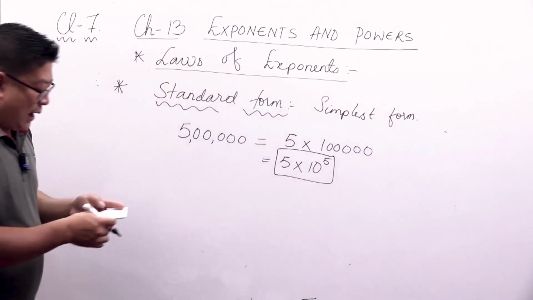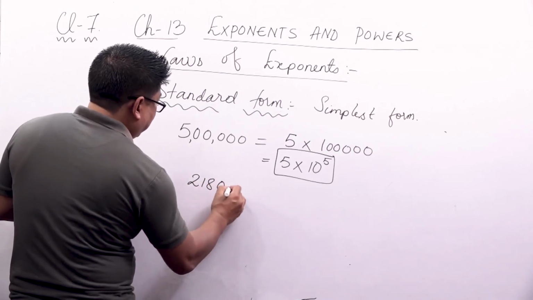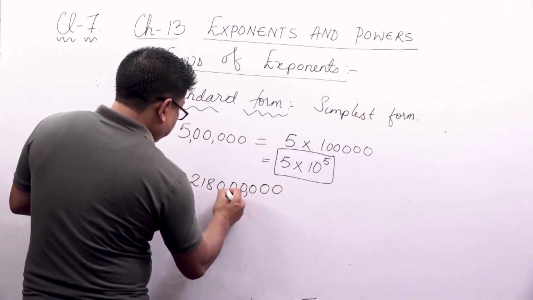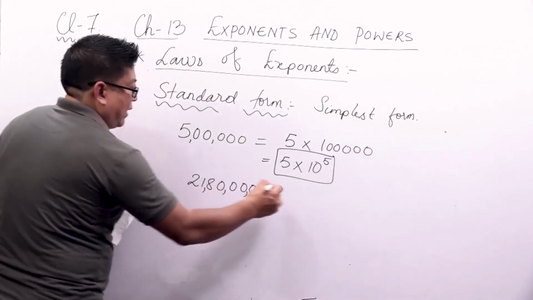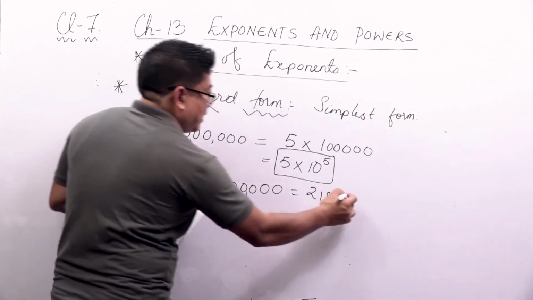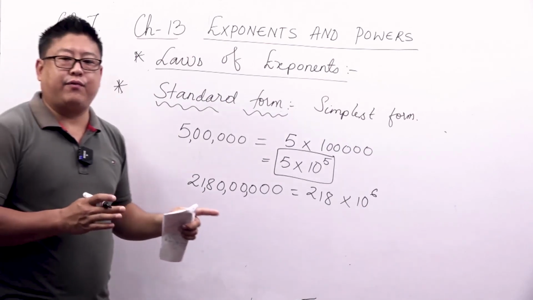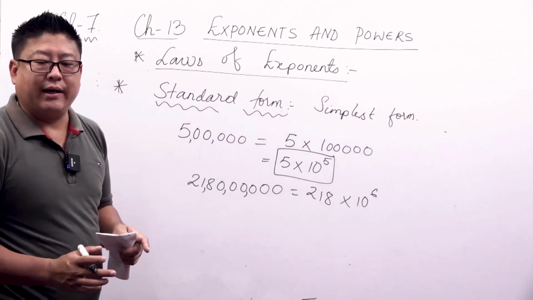And there can also be cases where, let's take an example, I write 218 and then 1, 2, 3, 4, 5, 6 zeros into 10 to the power 6. This is still not in the standard form, because it should be a single digit number before the decimal.